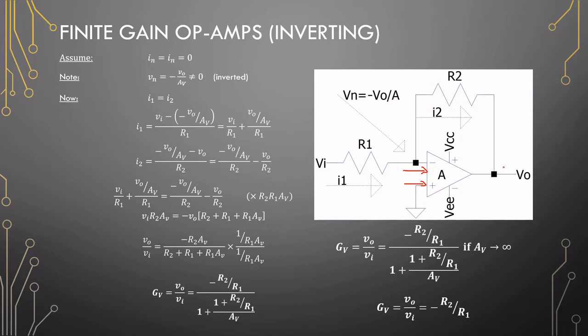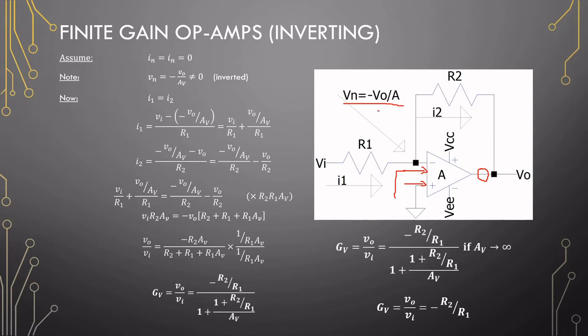So what we rather do is we see, okay, our op-amp has output V out, and the input here must be some voltage then, which is multiplied by the gain. So Vn is minus V out over A, because this is the inverting terminal.